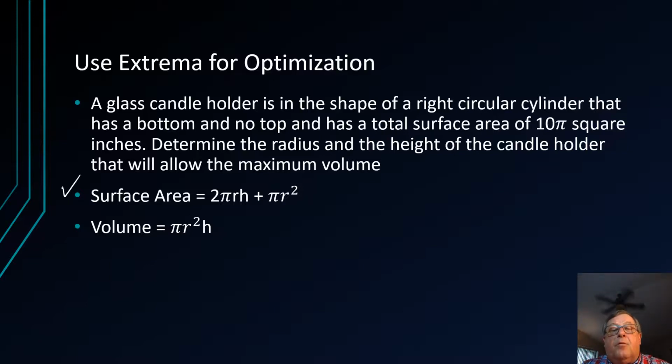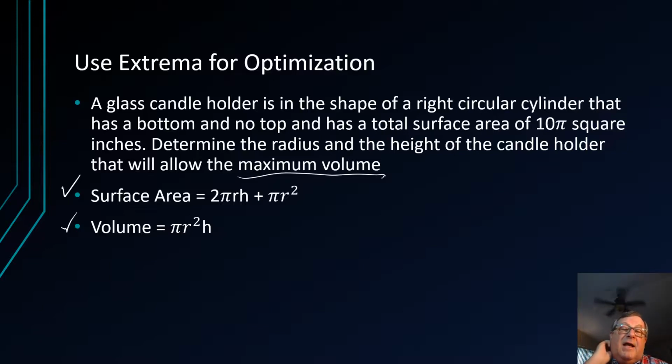And as I'm reading through this, I'm eventually going to get to the volume, so in my search I also found the volume of a right circular cylinder that has a bottom and no top. Okay, and that's this formula here.